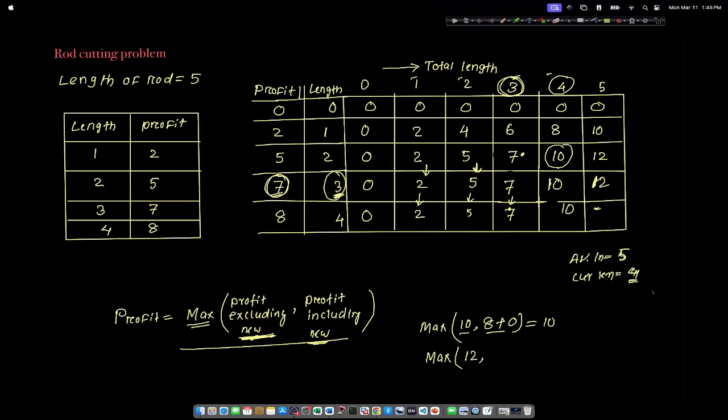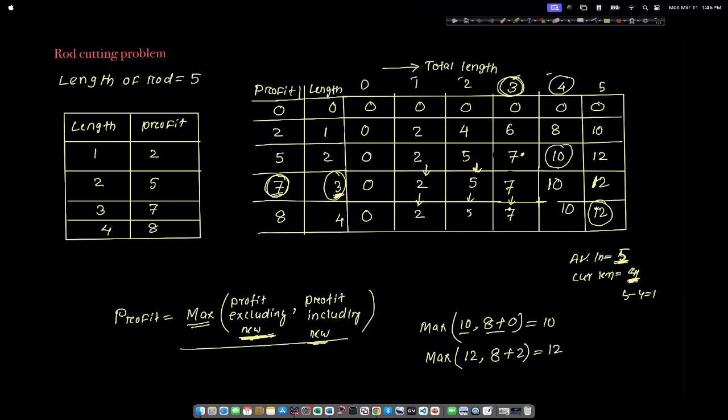The other component will be 8 plus, current length is 4, available length is 5, so 5 minus 4 is equal to 1. We will go to the upper cell, then we'll go to this row with the available length 1. So this value is 2, which is equal to 10, and the maximum of 12 and 10 is equal to 12. So we'll put 12 in this cell.